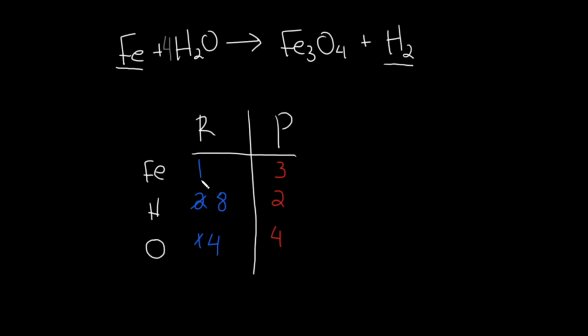So let's balance hydrogen then. Since it's isolated, we can just multiply this by 4. And by doing this, we also get 8 hydrogen on the product side. Now we just need to balance iron, and we do this by multiplying iron by 3 on the reactant side to get 3 iron. So now we see that the reaction is balanced.